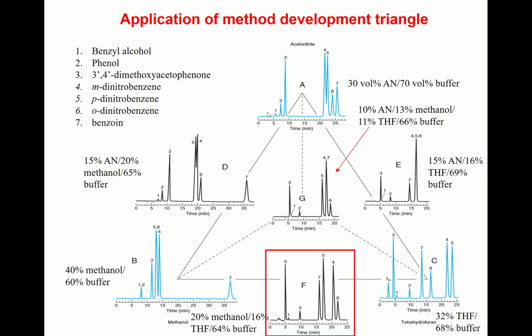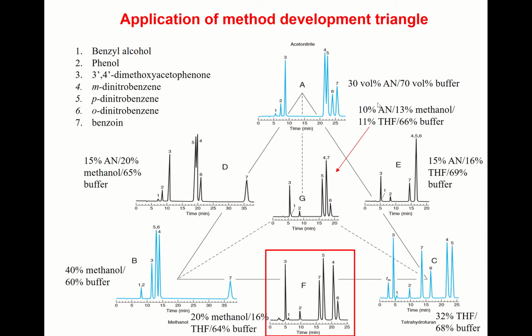And this is just like one solvent optimization. By changing the volume percent of acetonitrile, you have to try several mixing ratios, and here the best one was given by 30% acetonitrile and 70 volume percent buffer.